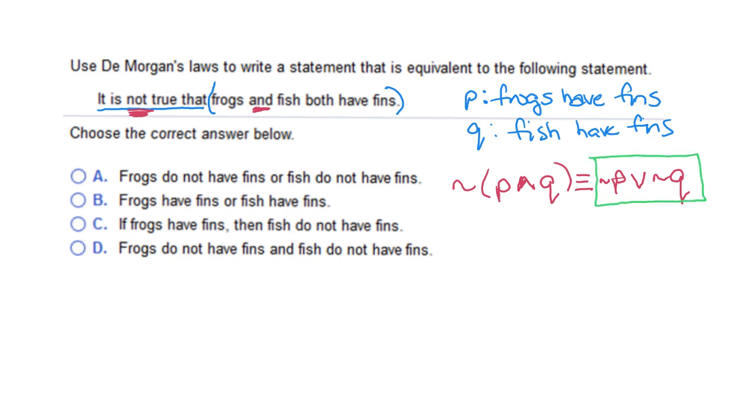So not P would make it frogs do not have fins, or fish do not have fins. And this one will match answer A. Frogs do not have fins, or fish do not have fins.